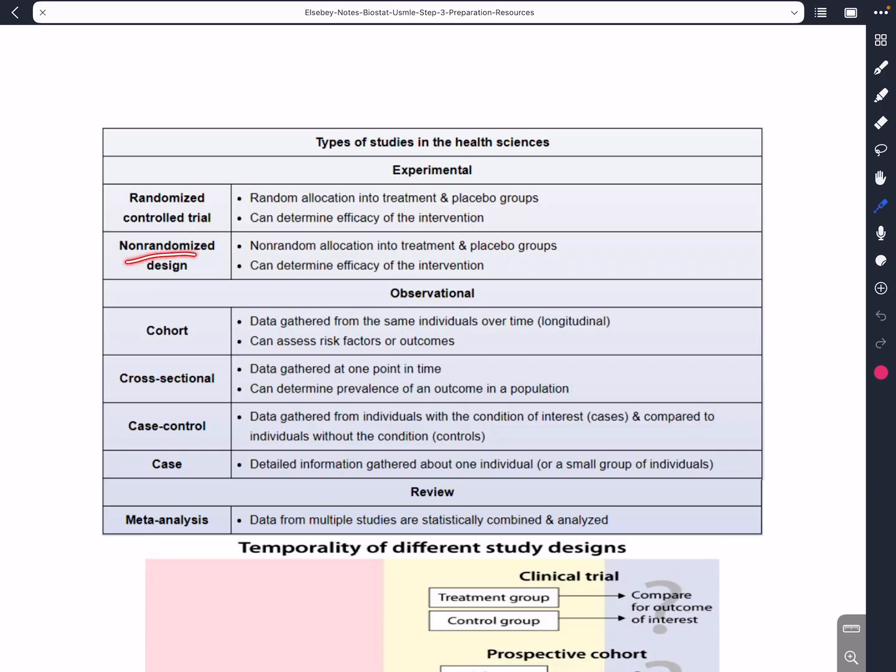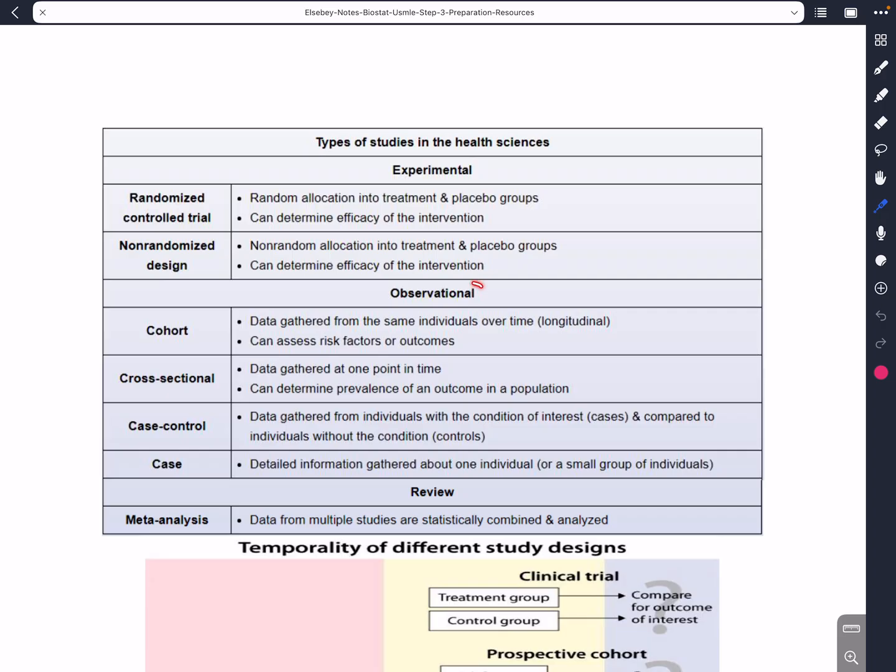And in non-randomized design, non-randomized means that you carefully took subjects and place them in treatment group and placebo groups. And in non-randomized design, you can determine efficacy of the intervention, which is also seen in randomized control trials. So in both trials, you can determine efficacy of the intervention.